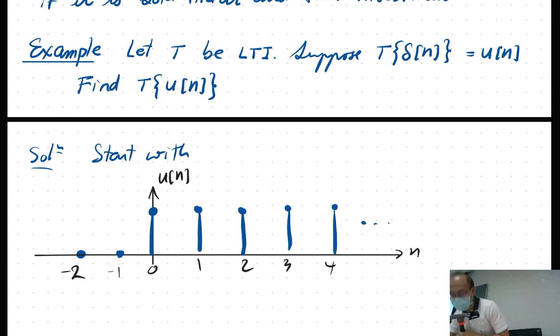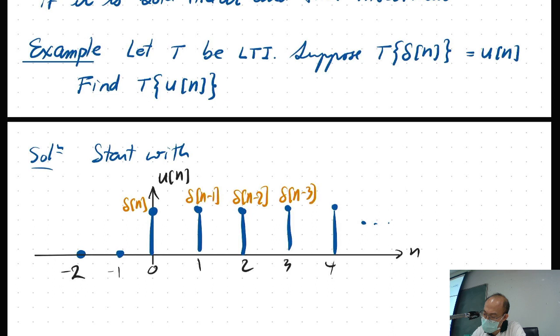Okay, so once we realize that, let me write this down. This is delta n, this is delta n minus 1, this is delta n minus 2, this is delta n minus 3, and so on. So u[n] is just the summation of all these deltas. You add these deltas together and you're going to get u[n].